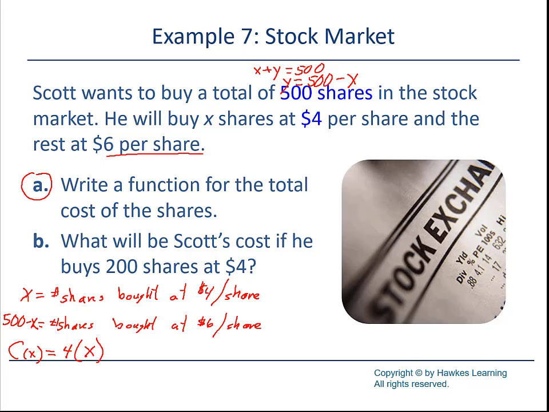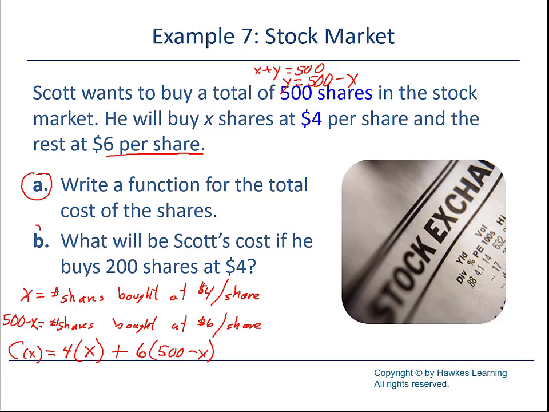So if this is 85, 4 times 85 would be how much he paid for the $4 shares. Plus, he gets some at $6. How much? $6 per share. How many shares? Well, up here we've got 500 minus x. How many shares are left after he decides he's going to buy 500 and he already spends to get x shares of the first one? There's our cost function.